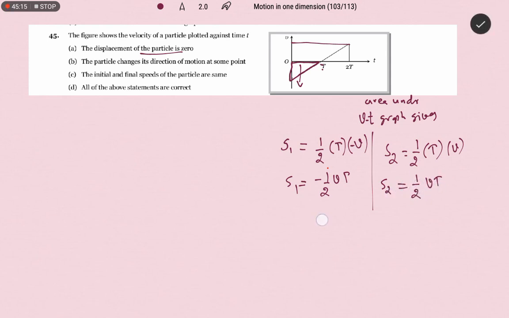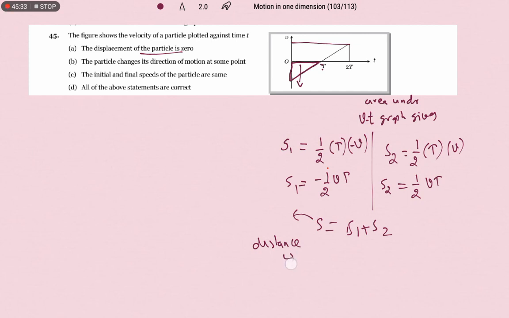So total displacement they are asking: S1 plus S2. If they are asking the distance, without considering the sign, we need to add them.